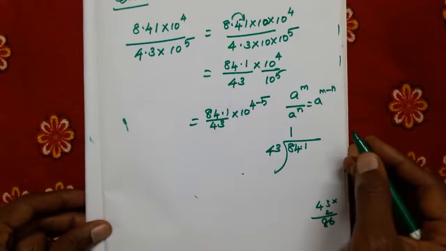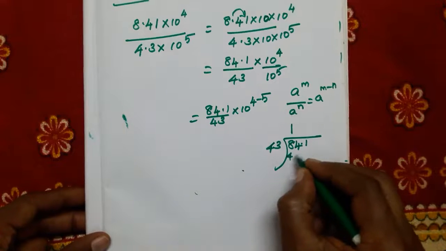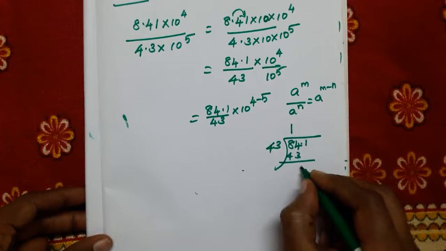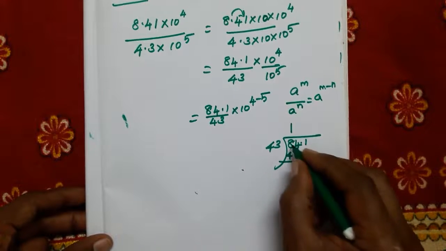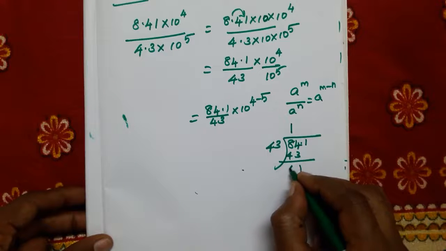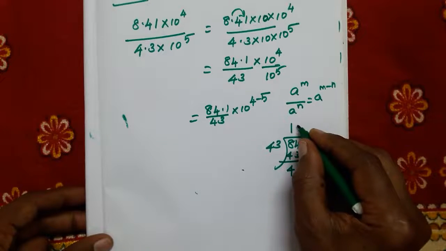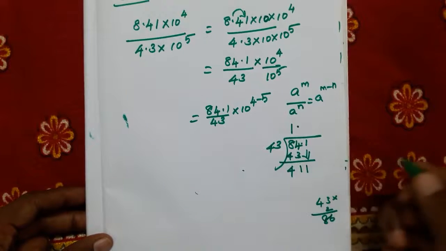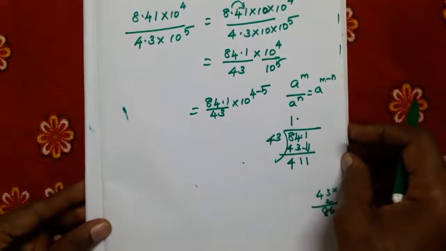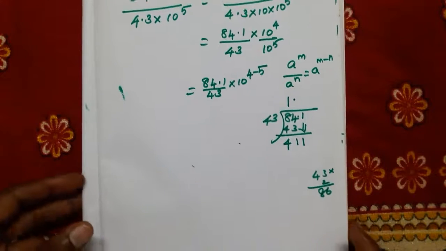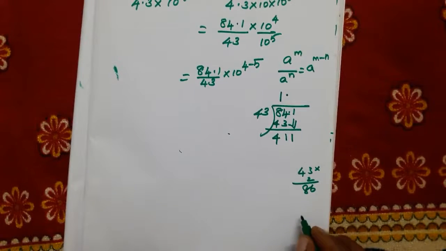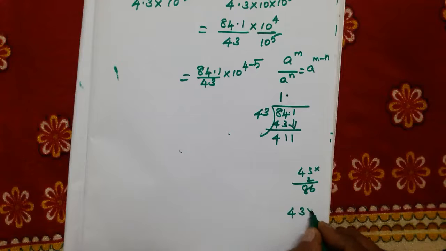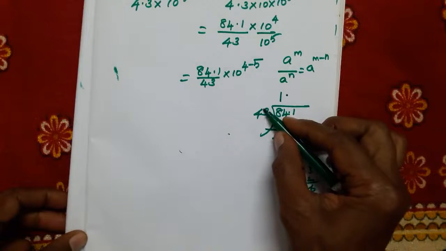So what are we getting one time? 43. Balance: 4 minus 3, 1. 8 minus 4, 4. Next we take one digit down. 411. Next 43 into, it is nearly 430.